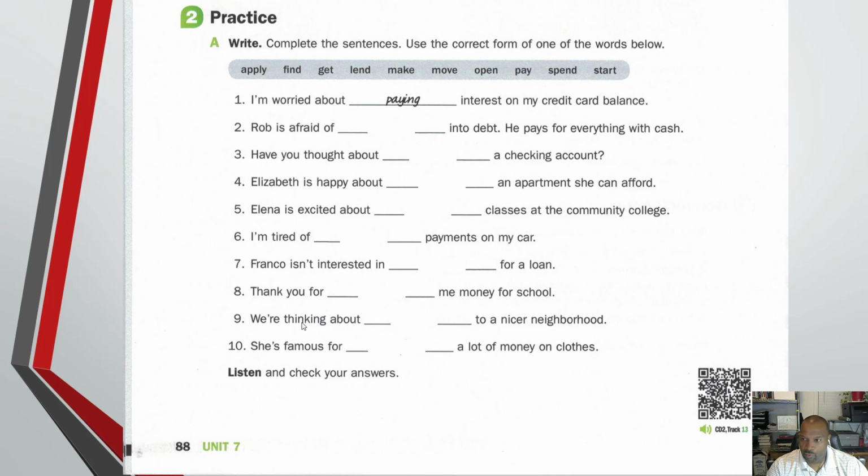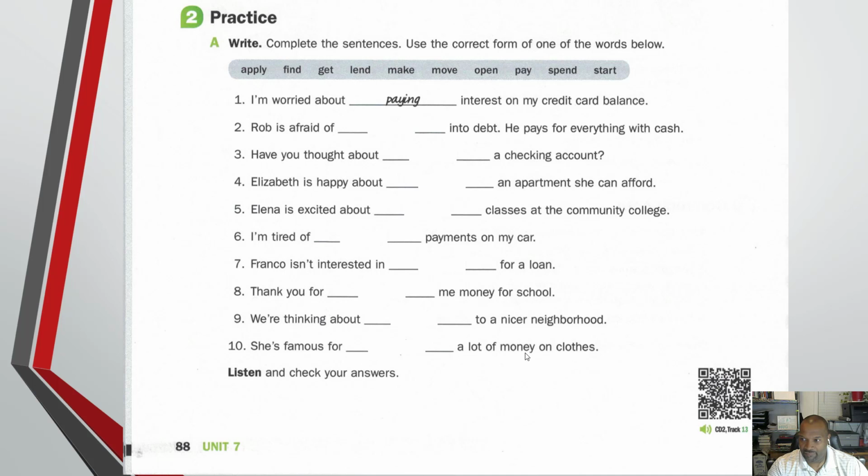Number 9, we're thinking about moving to a nicer neighborhood. Moving to a nicer neighborhood. Move plus ing. Number 10, she's famous for spending a lot of money on clothes.